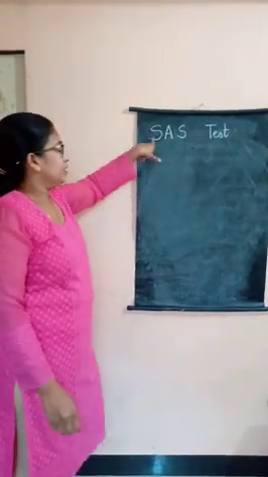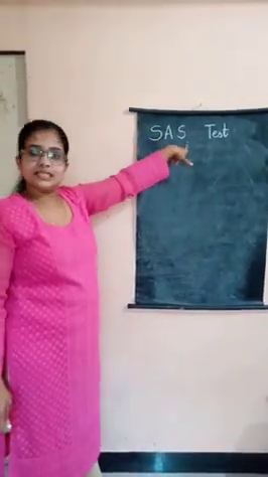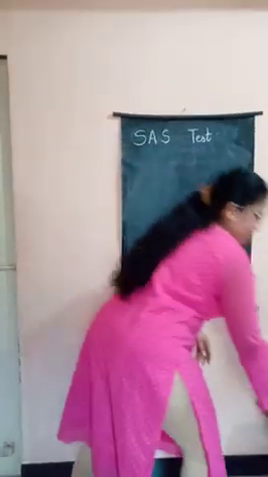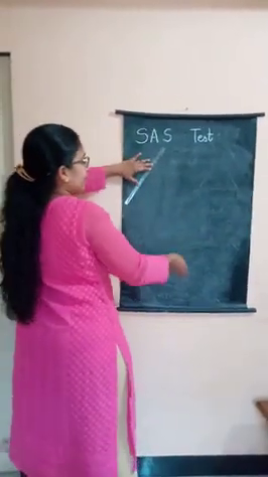SAS stands for side angle side test. Suppose we have two triangles.